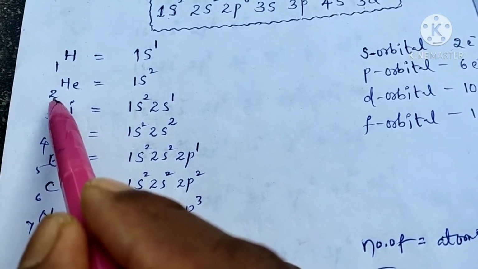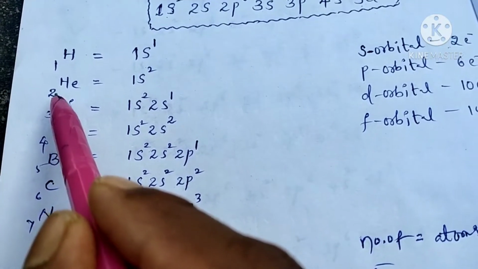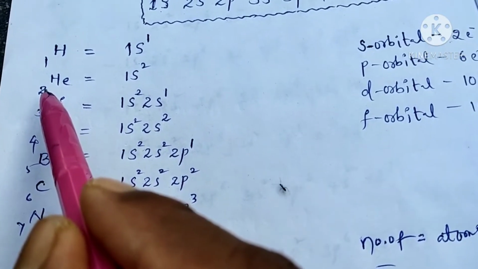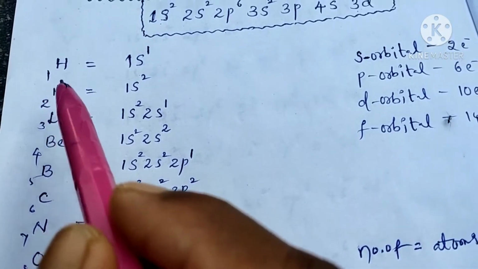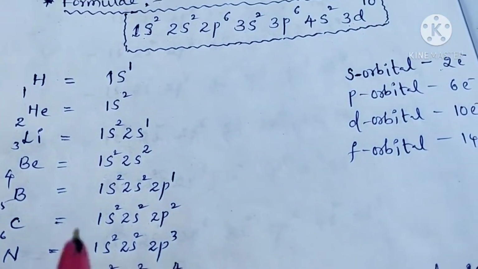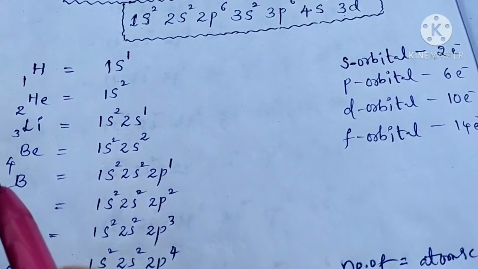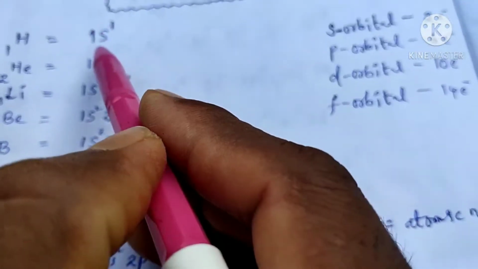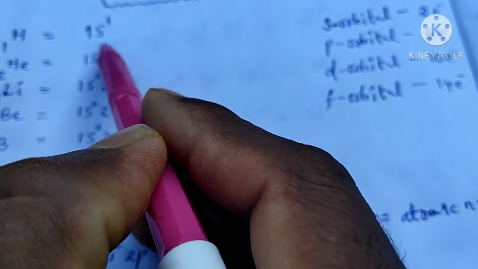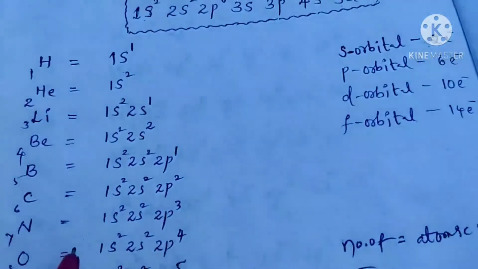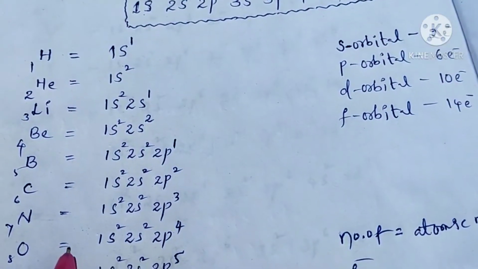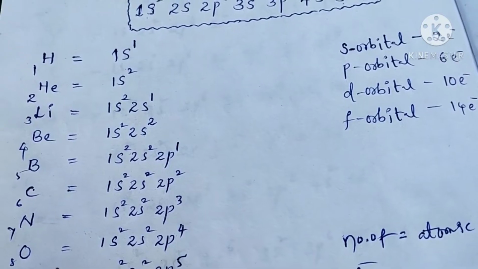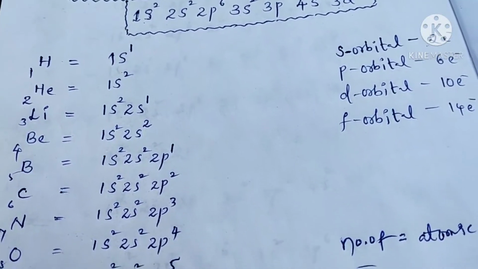Next, second element, that is helium. Atomic number 2, means it contains 2 electrons. So in s orbital, how many maximum electrons can be accommodated? 2. Yes, 1s2. 1s1 for hydrogen, 1s2 for helium, right?